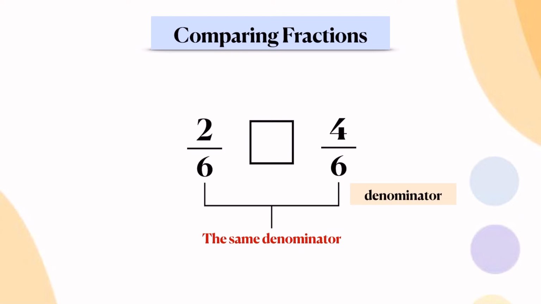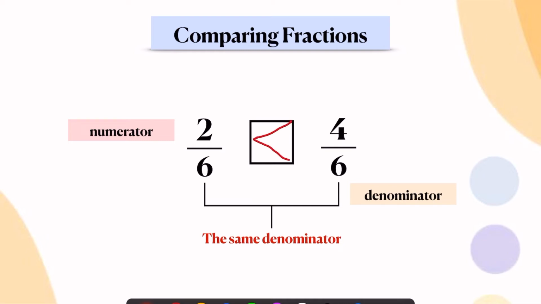You just leave it, and you can compare the numerators. Can you tell me, is 2 less than or greater than 4? 2 is less than 4, so that is the answer. 2 over 6 is less than 4 over 6.